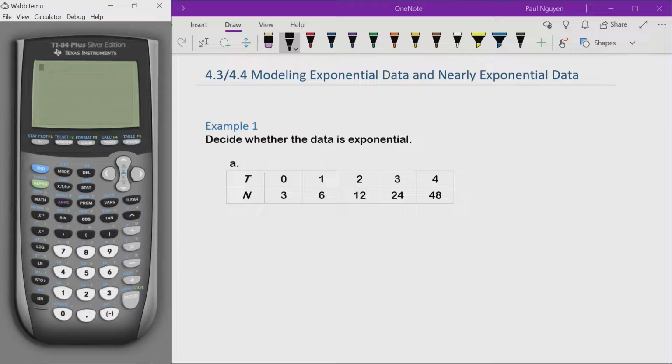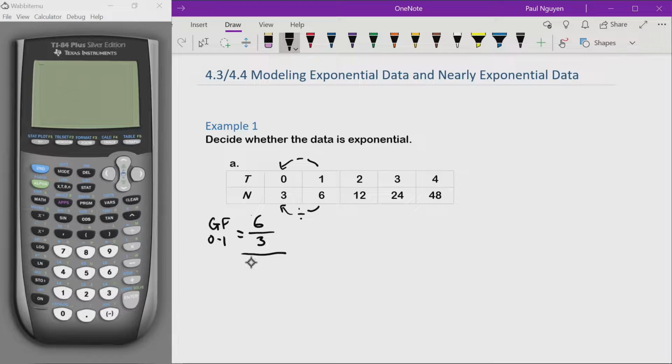If this function was an exponential function, it would be an exponential growth function. So let's calculate the growth factor from one point to the next. The growth factor from 0 to 1, we calculate by taking the value of the function and dividing by the previous value. In this case, it would be 6 divided by 3. We then take that number and divide it by the variable minus the other variable.